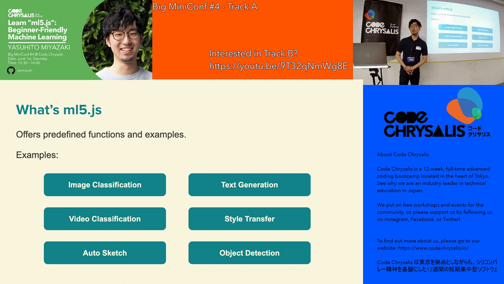So if you type something, it will automatically predict what's next based on the way Hemingway wrote. It also has style transfer. If you draw, for example, a cat, and you want your cat to look like a Picasso painting, you can do that with ML5.js. And it also has object detection. If you ever watched science fiction movies, in front of the camera, it will detect who the suspect is or what the object in front of the camera is. These are just some of the examples. There are some other examples, so if you want to check it out, please visit the website.